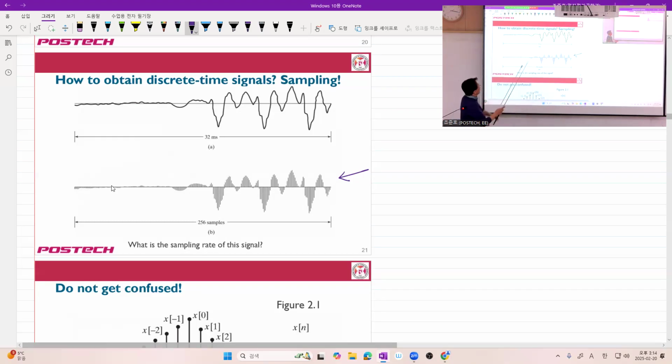But be careful, we intentionally illustrated this discrete time signal so that the two adjacent points exactly match the time in milliseconds of this function. So sometimes you have to intentionally scale the horizontal axis to put these two curves side by side. Ready? So here it says 32 milliseconds, and you have 256 samples. Ready?